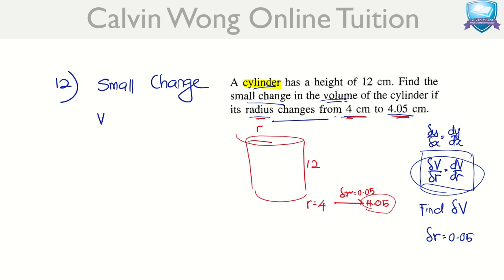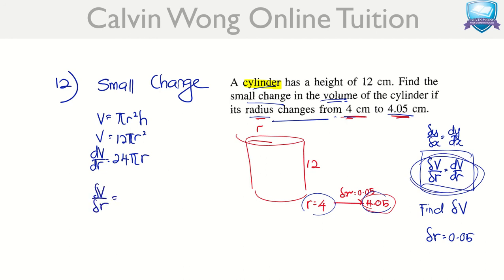Volume is the formula pi r squared times height. You know the height is given a fixed value. r is not a fixed value, r is a variable. So we can find dv/dr, which is 24 pi r. Delta v over delta r is 24 pi r.